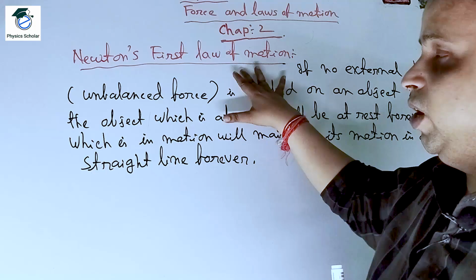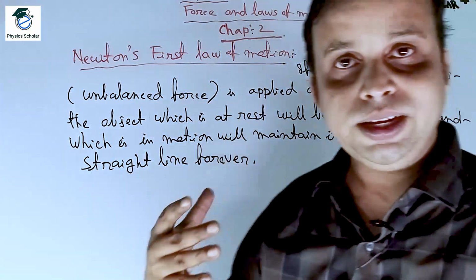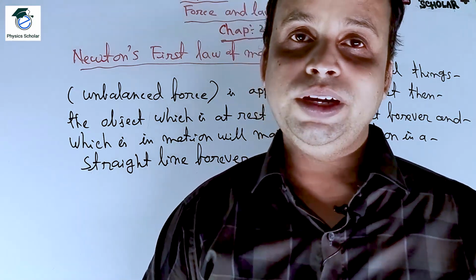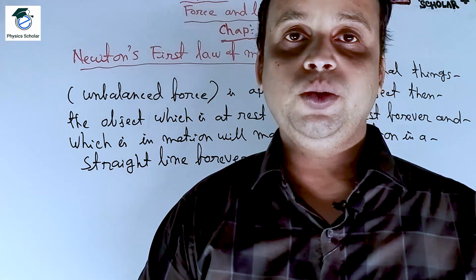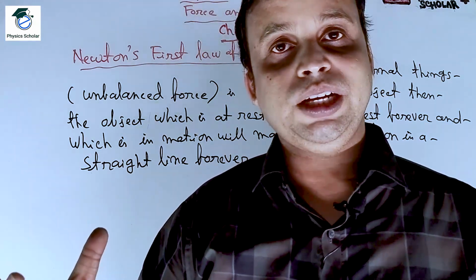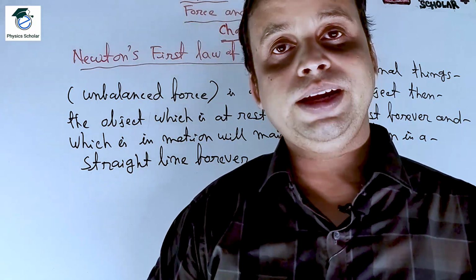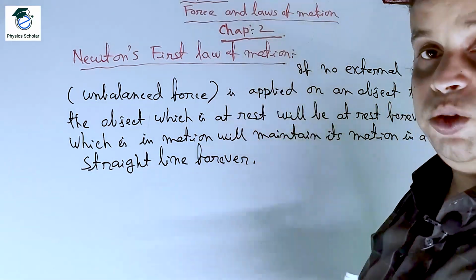Students, I hope you have understood Newton's first law of motion. I am explaining it once again. If no external things is applied on a body, then the body which is at rest will be at rest forever, and the body which is in motion will continue its motion forever in a particular straight line. So this is Newton's first law of motion.